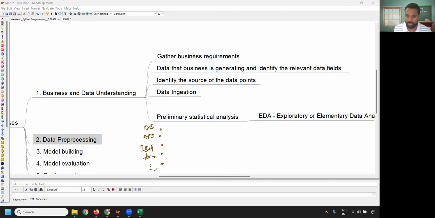There could be different sources. We need to understand how or in what format the data is stored, how these software are managing that data. And once we understand that, we try to transform that into a specific format.